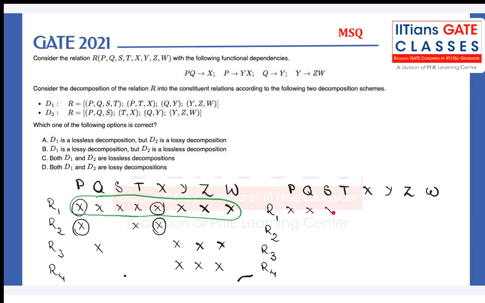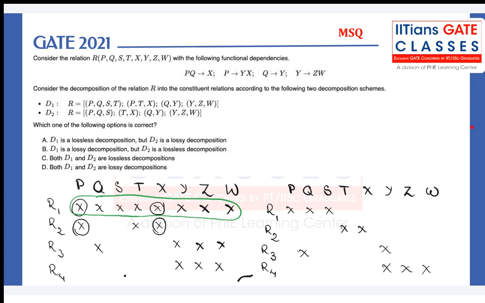R2 is TX, so you will mark TX. R3 is QY, so we'll put X here and here. And this is YZW. Okay, first step done.